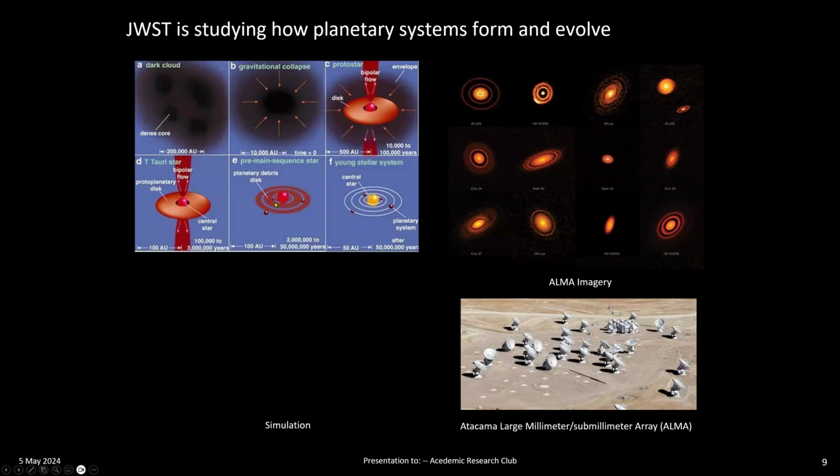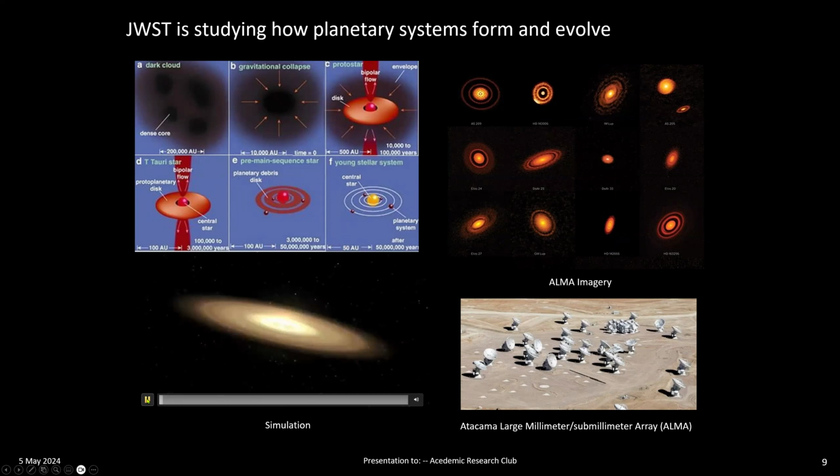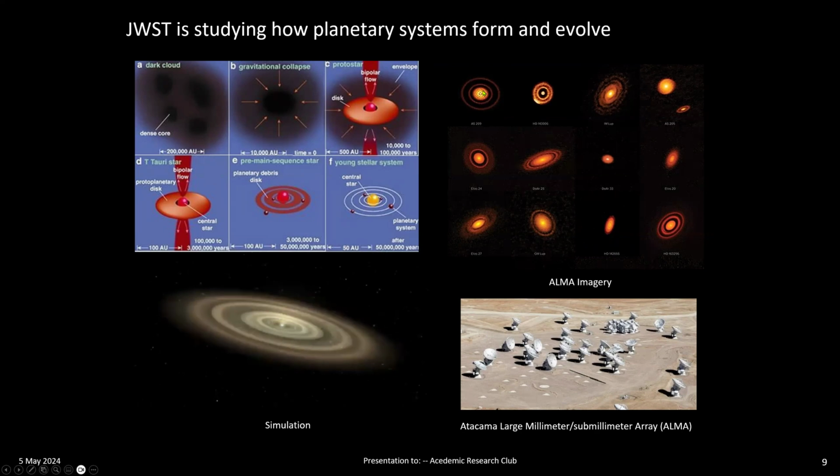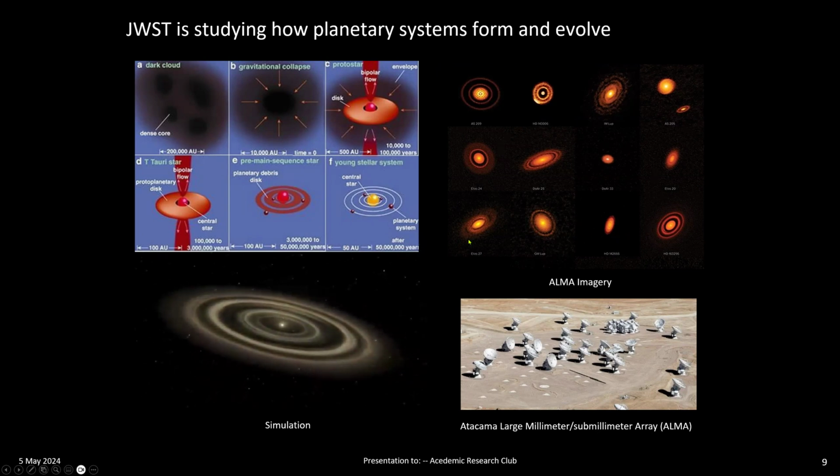When planets form in these disks and orbit their star, the planets sweep up material from the disk to cause it to take on this sculpted appearance that you see in this computer simulation that's running here. These are radio telescope imagery of actual sculpted circumstellar disks.